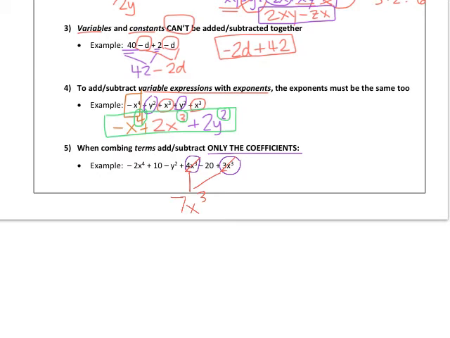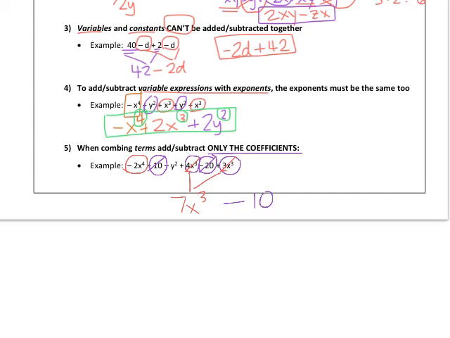I also have a couple of terms here that don't have any variables, so those are my constant terms. Here's a 10, here's a negative 20 and 10. That's going to end up being just negative 10. Again, I'm just crossing off so I can see what I have left. And I do have a negative 2x to the fourth.